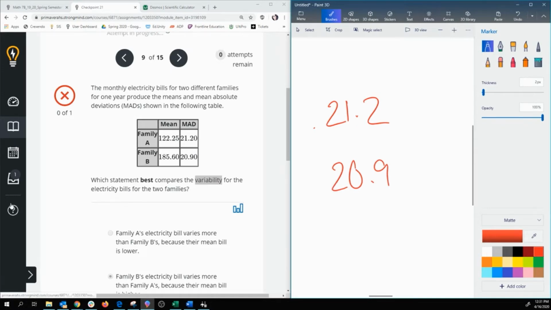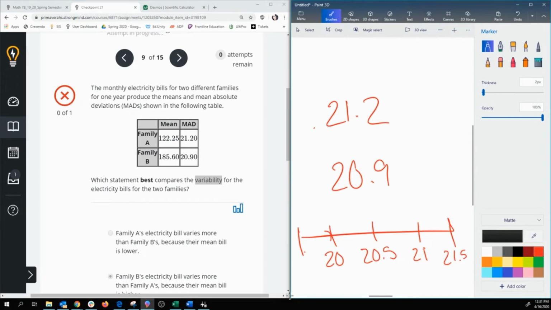Well, if I were to write this on a number line, let's say 20 is here, 20.5 is here, 21 is here, 21.5 is here. 21.2 would be about right here, and 20.9 would be here. So to me, those are pretty close.